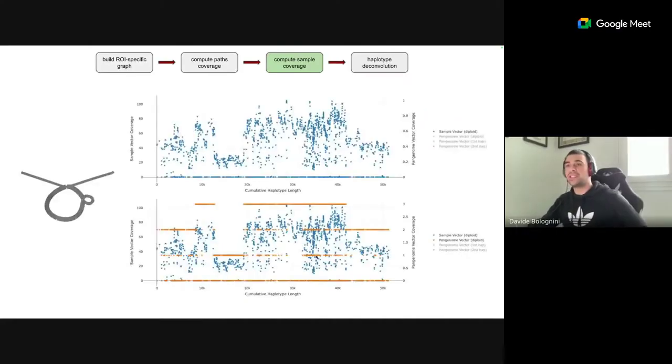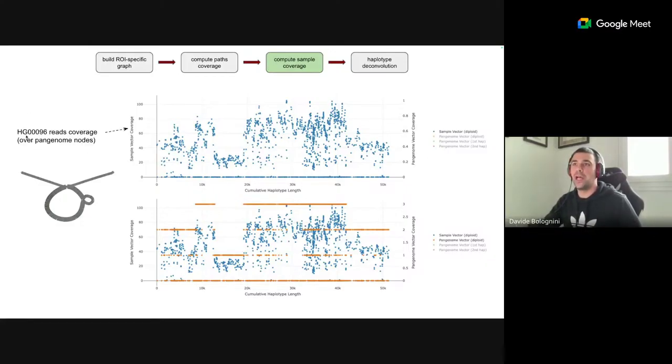And what we have is a sample coverage vector. So if you just look at the upper plot, each point again here is a node. And if you look at what you have on the y-axis on the left, that's the sample coverage. So for instance, here the sample has coverage 100, here the sample has coverage 40, more or less. And this can be overlapped with the pangenome coverage vector.